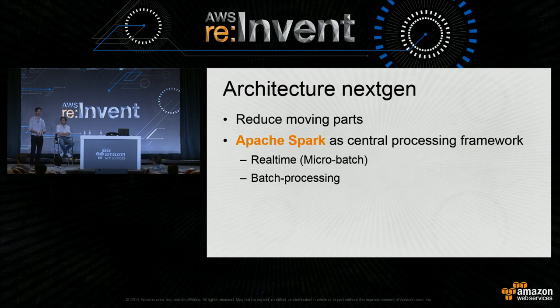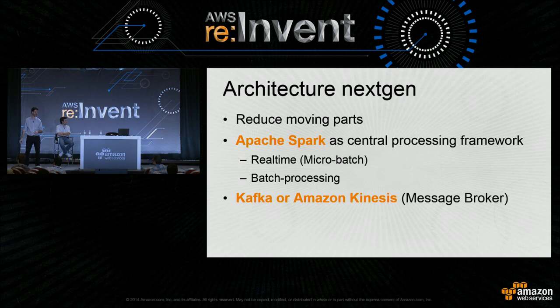We can rely on seconds, so we can use micro-batching, and Spark is awesome for that. Batch processing as well. And one thing that I'm really a fan of in Spark is that the same pipeline that you create for batch processing, you can reuse for stream processing. So it's really wonderful.